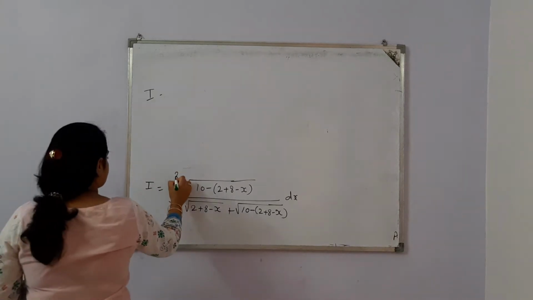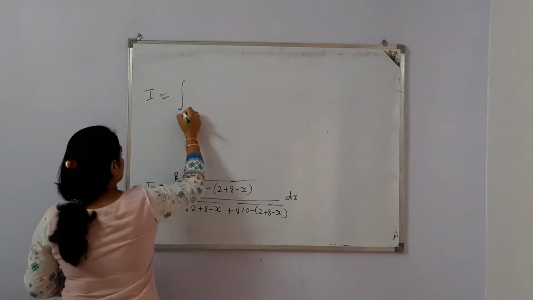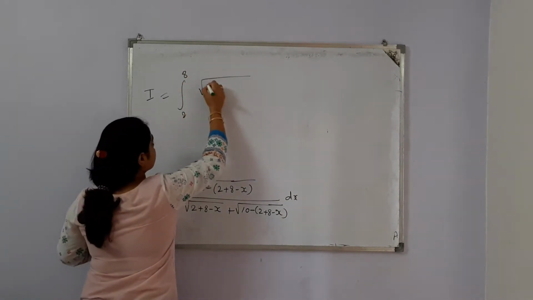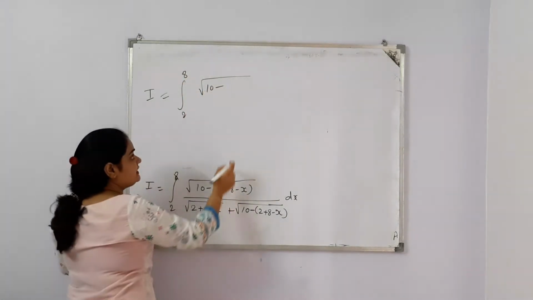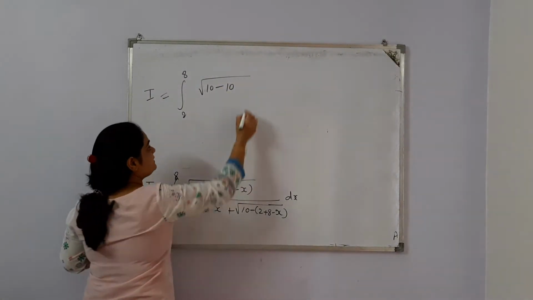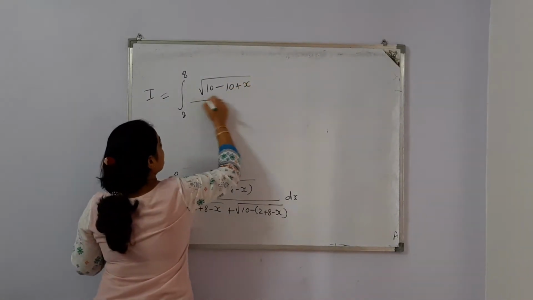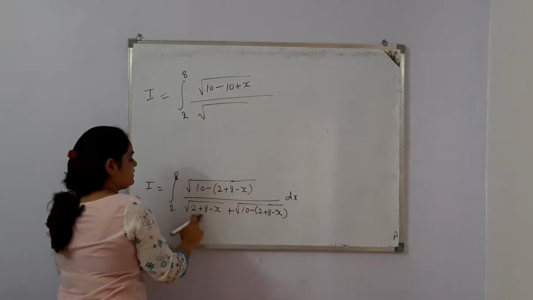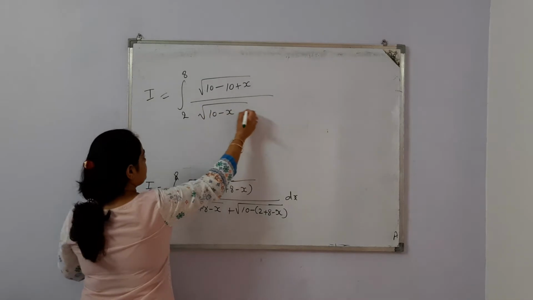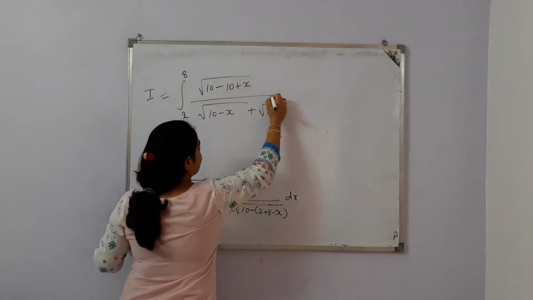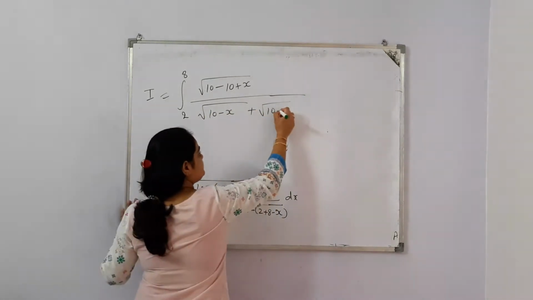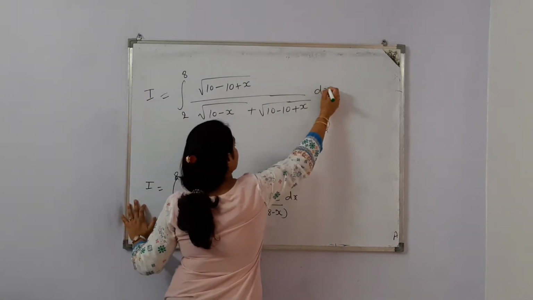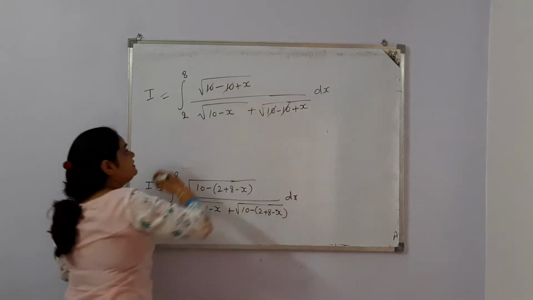It is saying 2 to 8, 2 plus 8 is 10, and 10 minus x, plus 10 minus 2 plus 8 is 10 minus minus plus x, dx. 10 will cancel out with 10.